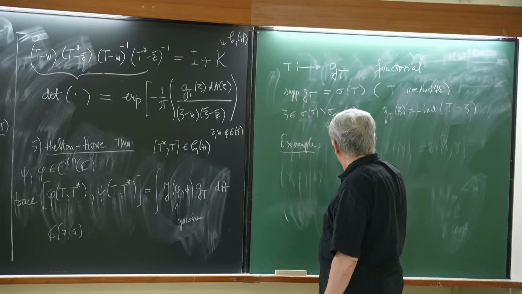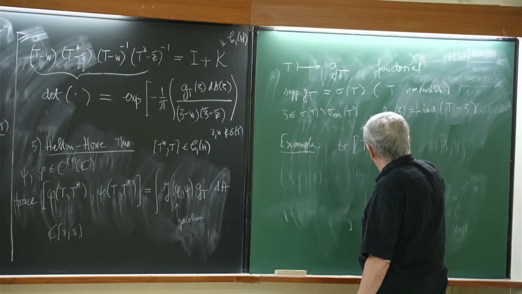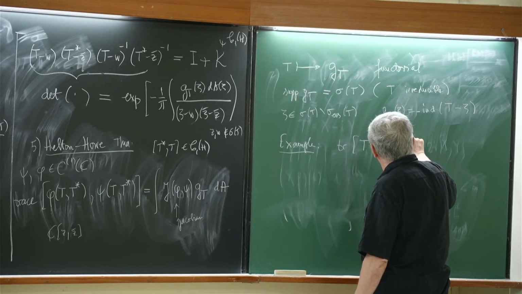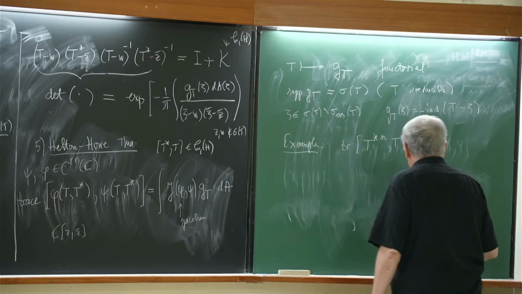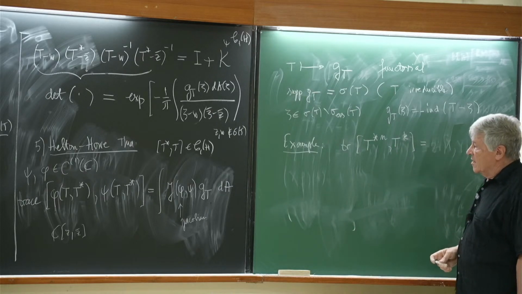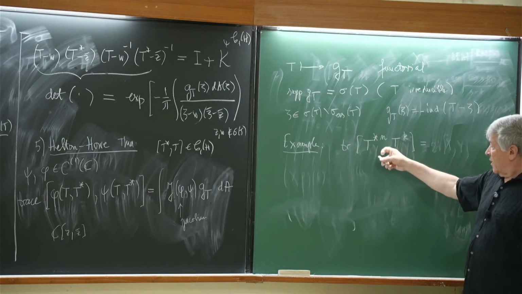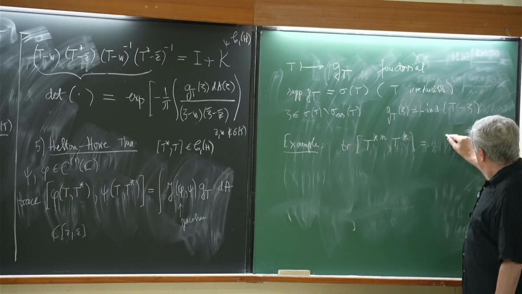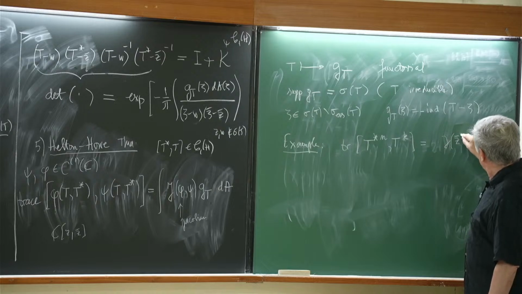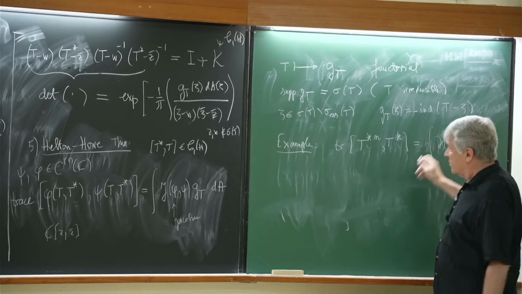So let's take the trace of the commutator of t star to the n and t to the k. How do I compute the Jacobian in complex coordinates? I have to take the derivative of z bar to the n, z to the k, probably there is a 1 over pi here.